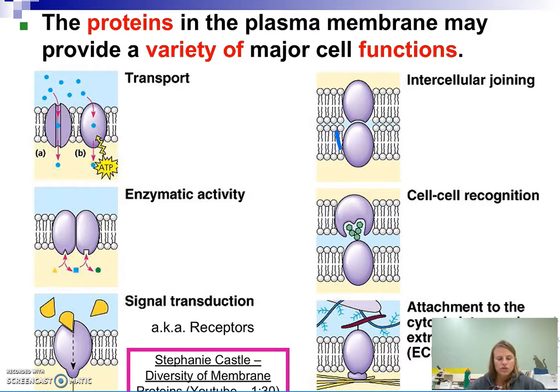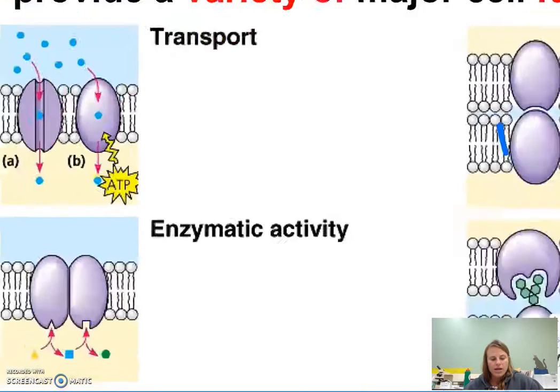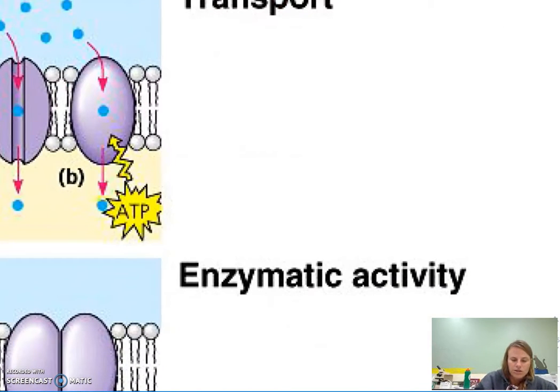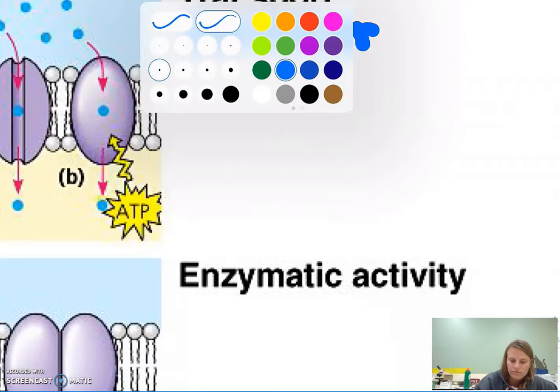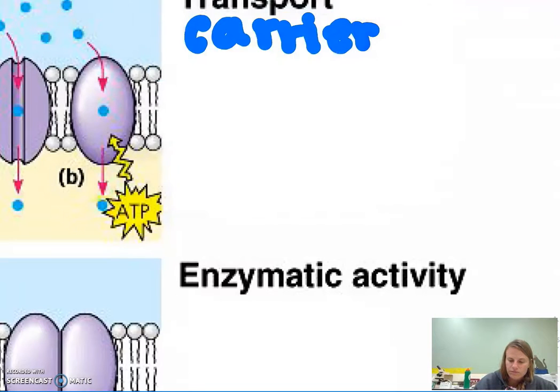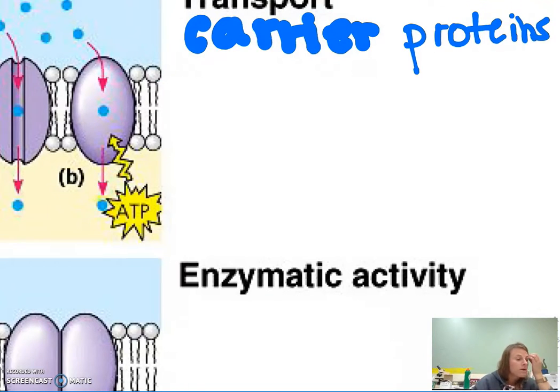So as far as transport goes, my plasma proteins could potentially be carrier proteins. They could be channel proteins.